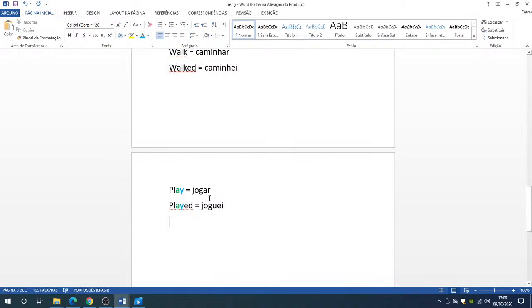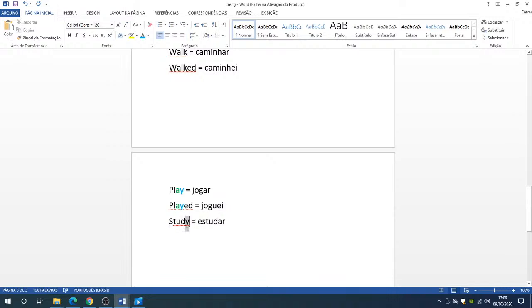Ó, o y, e antes do y nós tínhamos uma vogal. O que vai acontecer? Quando isso acontece, eu só acrescento o ed normal, não muda nada. O problema é quando, presta atenção, ao invés de uma vogal eu tenho uma consoante. Desse jeito, ó.